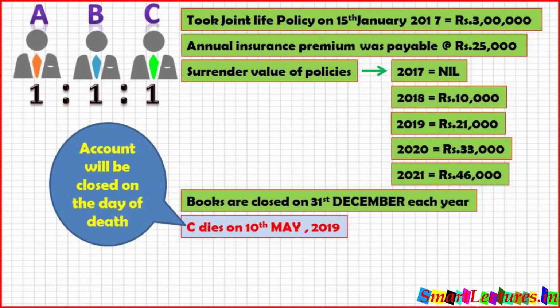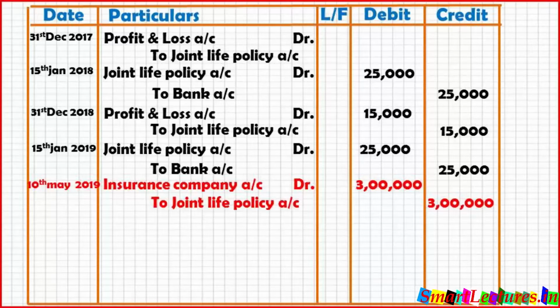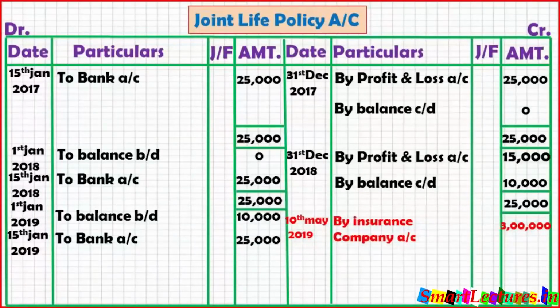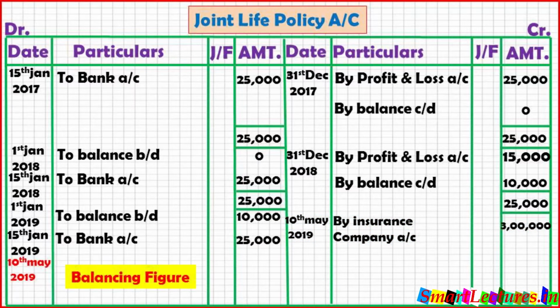So this account will be closed on the day of death. And the journal entry was insurance company account debit to joint life policy, meaning the joint life policy account was credited. So come to the credit side, on 10th of May 2019, by insurance company 300,000. On the debit side, on 10th of May 2019, the balancing figure was 265,000. This balance will be transferred to A, B, C.